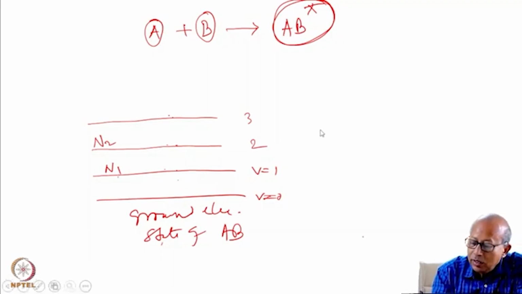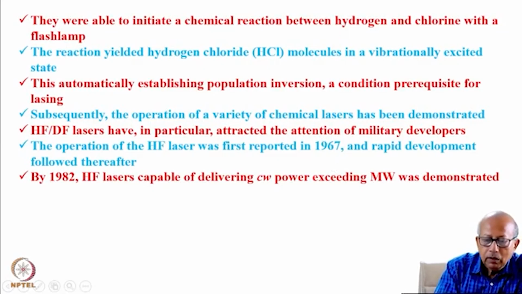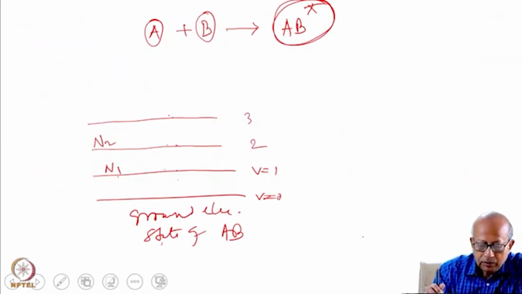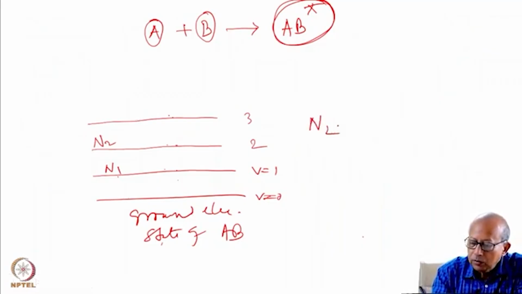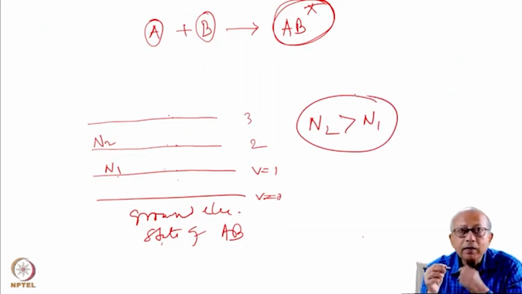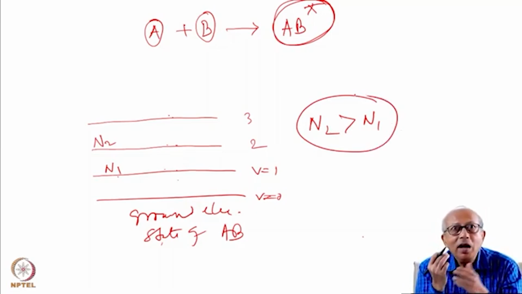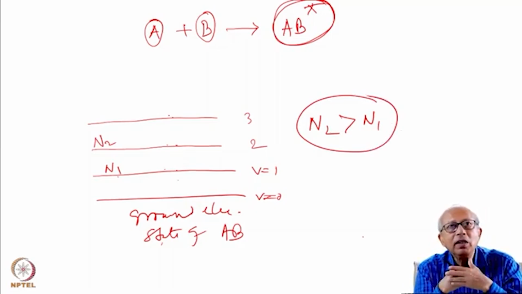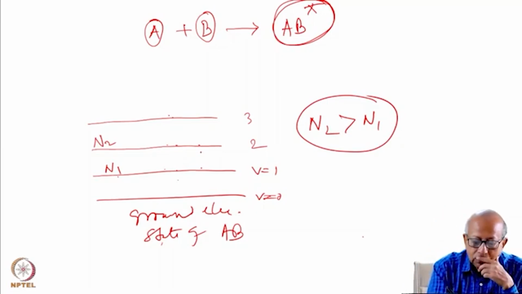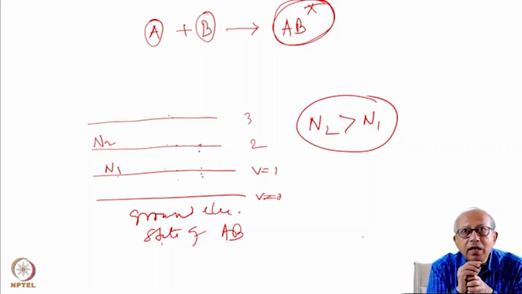That means N2 is greater than N1. Meaning you have created a population inverted condition between these two vibrationally excited states.